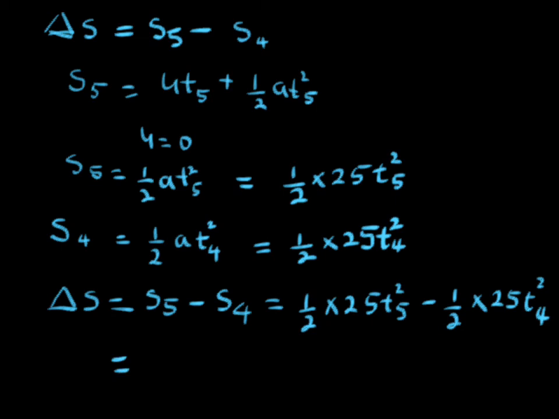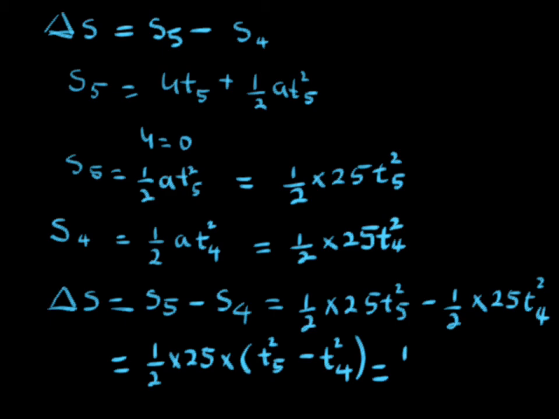So this gives us 1 over 2 times 25 times t square for the fifth second minus t square for the fourth second. Since we are looking for the time in the fifth second and the fourth second, we can simply write 5 and 4 squared within this bracket.